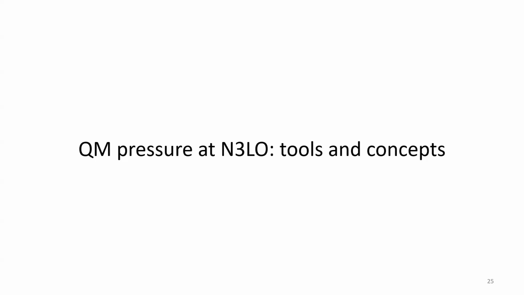Let me now next address what we are doing right now. And this is again something I really don't expect you to absorb any of the details of, but I just want to flash what kinds of challenges and calculations one runs into when you go all the way to order N3LO in this weak coupling expansion.